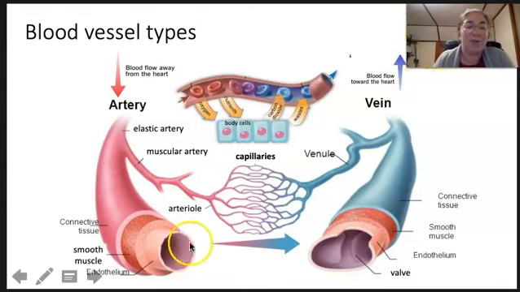Another difference between arteries and veins, besides the muscularness of the tissue, is that since veins are returning blood to the heart, they often have to pump against gravity, anything coming from your legs, your lower extremities. Since they're not very muscular and don't have a way to really propel the blood, your veins really rely a lot on your skeletal muscles. So when you move, it helps to pump blood through your veins.